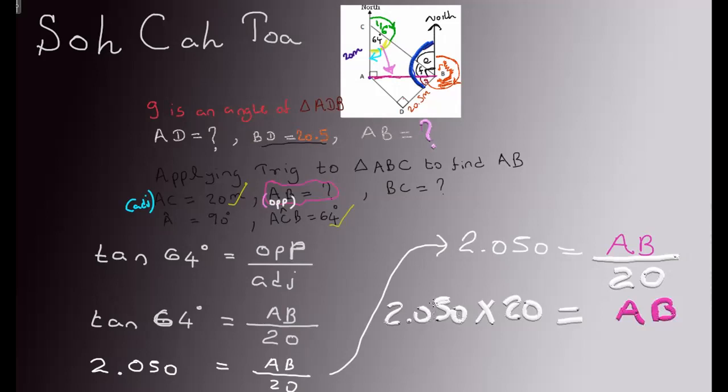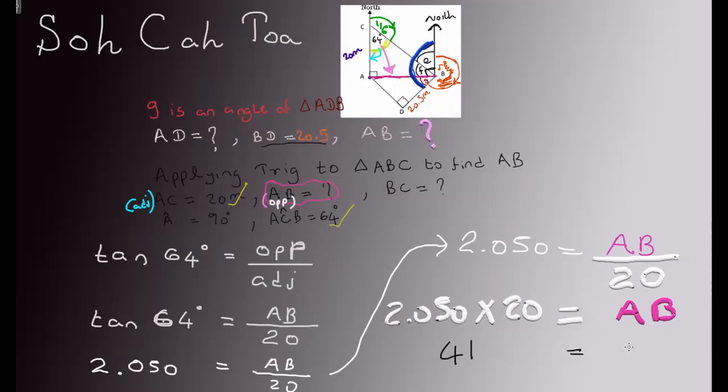So what is 2.050 times 20? Do the multiplication. When you do the multiplication, you will find that to be 41. When you multiply 2.050 by 20, the answer is 41.